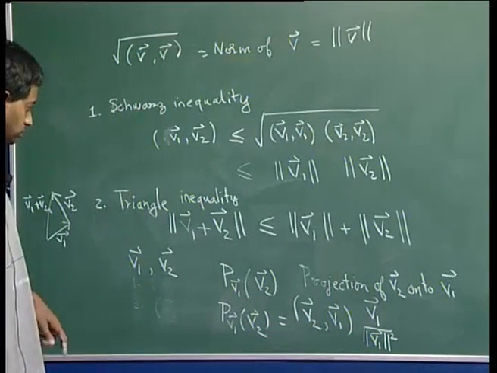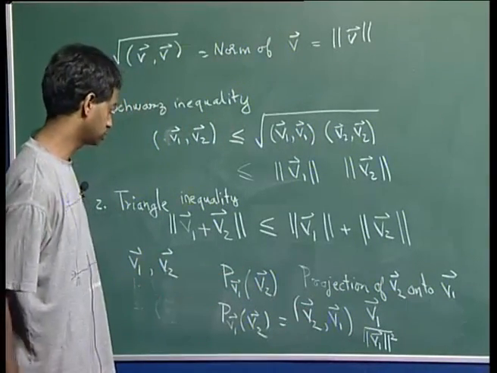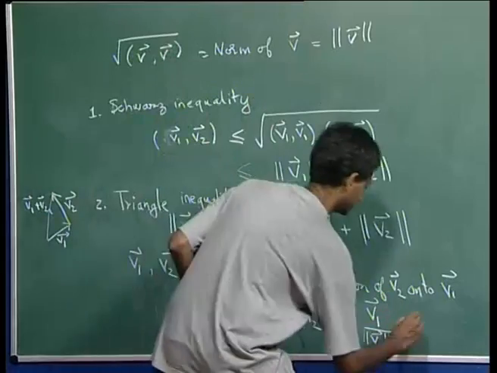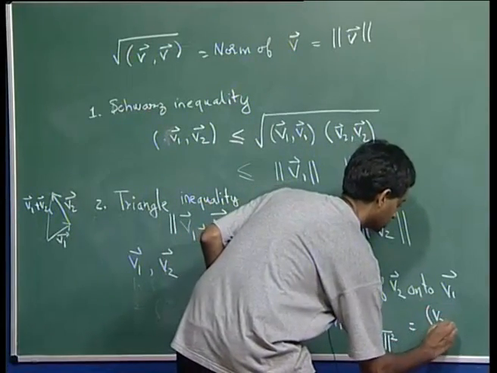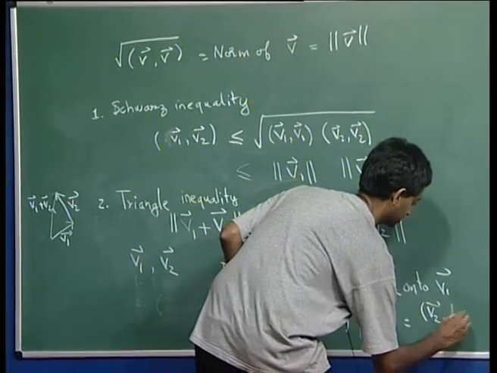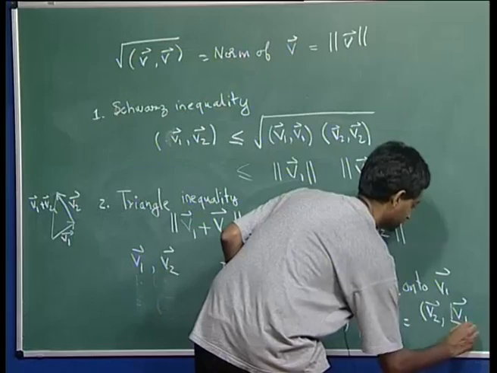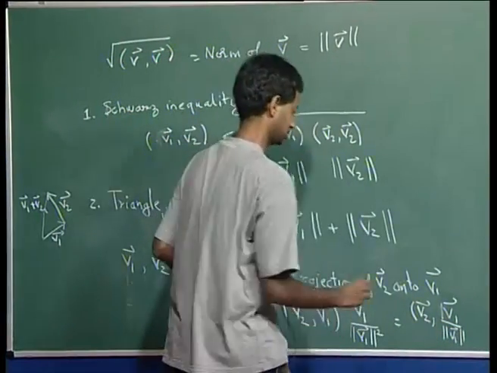Okay. So essentially the way to think of this, you can think of this as two parts. The first part is V2 projected onto a unit vector in the direction of V1. So, that is V1 divided by norm of V1.